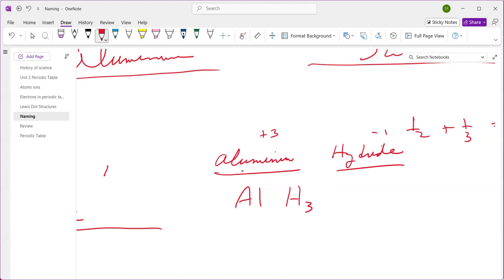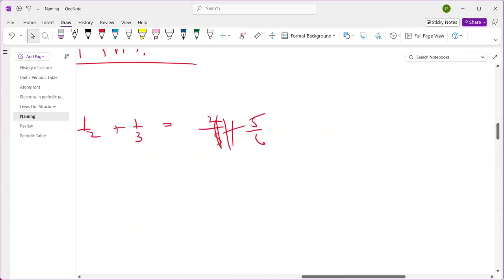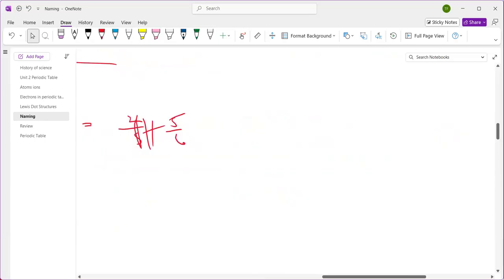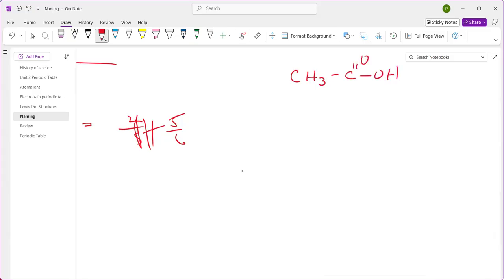Remember where it's like two aluminum and 6 hydrogen? So how do you figure out when it's that instead of this line? You need to know the definition of an acid. Let me show you an example, acetic acid. H is all over the place, right?